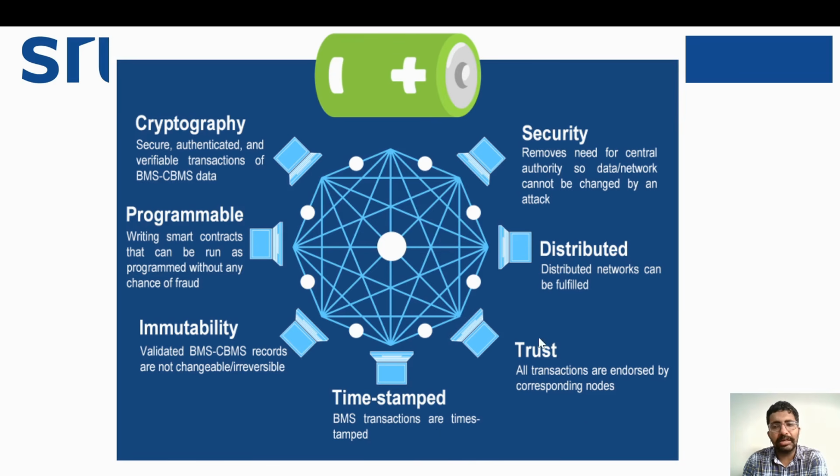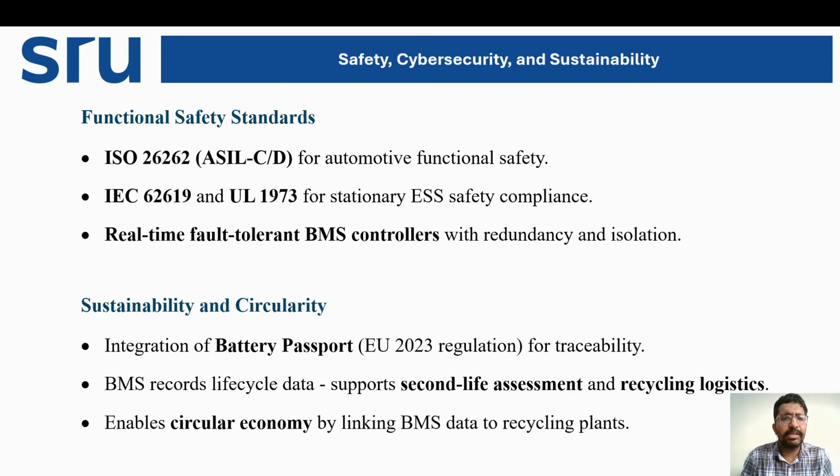Security, distributed trust: all transactions are ensured through maybe blockchain. Ledger management should be there, with corresponding nodes. Distributed networks can be fulfilled. Security means it removes the need for a central authority, or the data network cannot be changed by attacks. So all these technology-based cyber security challenges also need to be adhered to in the implementation of these techniques.